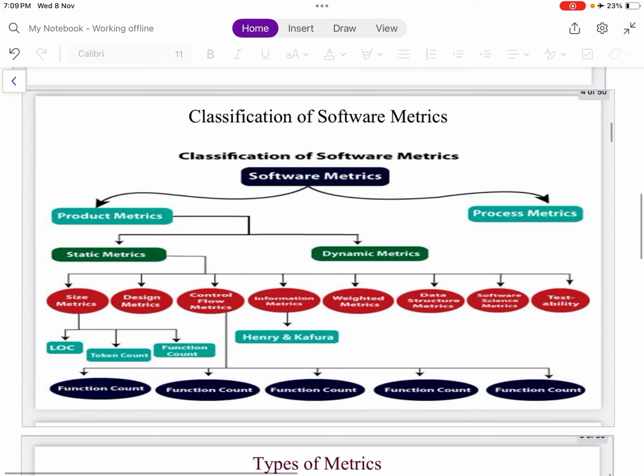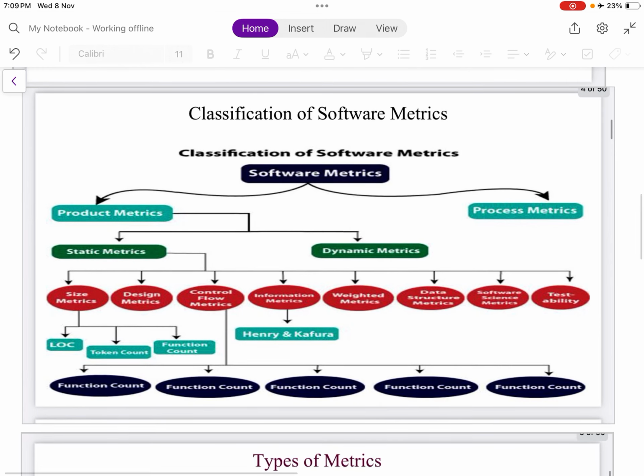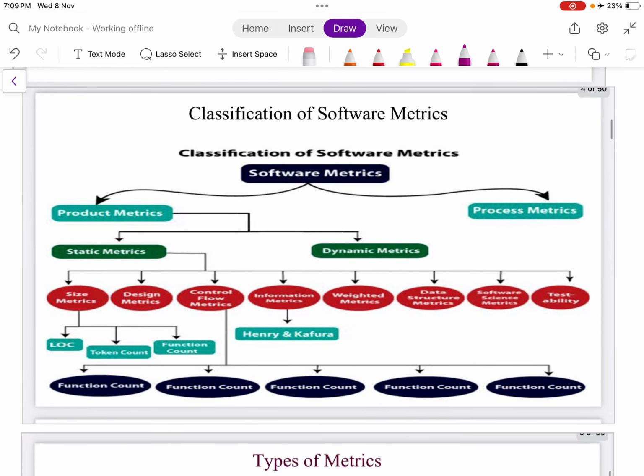Next, the diagram for classification of software metrics. If you see, software metrics is classified into product metrics and process metrics. Under product metrics you have static metrics and dynamic metrics. Again you have bifurcated it into size metrics, design metrics, control flow metrics, information metrics, weight metrics, data structure metrics, software science metrics, testability. Under size metrics you have LOC, token count and function count.